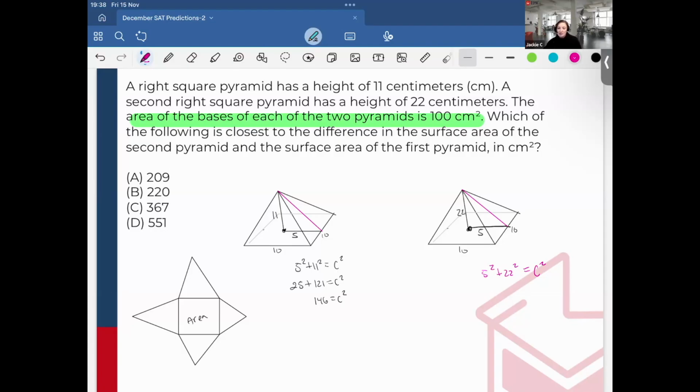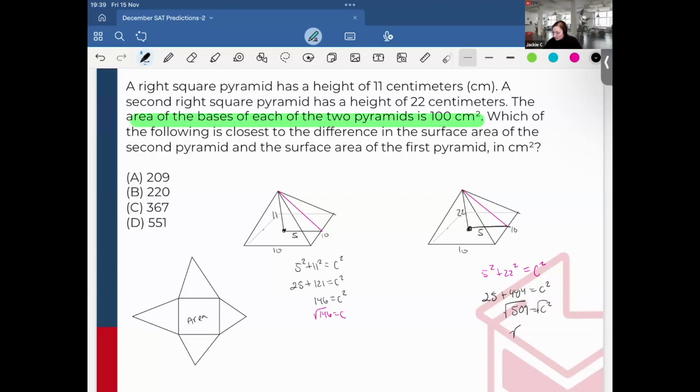That is not a perfect square, so I'm just going to leave it as is, that square root of 146 is equal to c. Same here, this would be 25 plus 484 equals c squared, which is 509 equals c squared. Then I would take the square root, but this is also not a perfect square, so I'm just going to keep that as is.